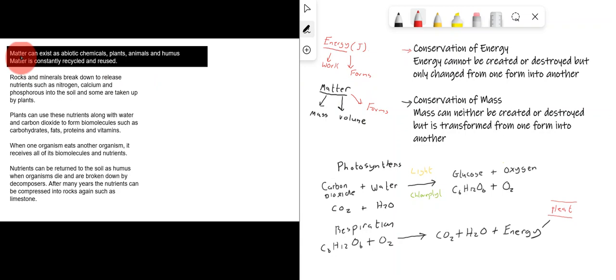It can exist as abiotic, non-living things like rocks or minerals. It can exist as plants. Matter can exist as animals, and matter is constantly recycled and reused. So the atoms that make up our body, for example, were probably used in the bodies of loads of other organisms before we started using the matter to make up our bodies.